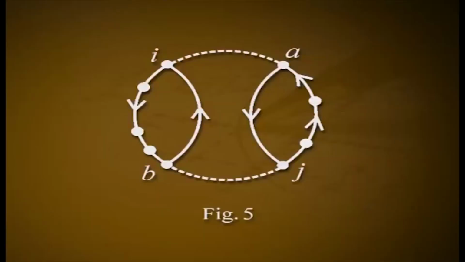Case 2. Suppose i and j are in the same orbit of sigma. We can then write sigma as a product of disjoint cycles with the first cycle of the form cycle (a i x x x b j x x), shown symbolically by the circle in figure 5.